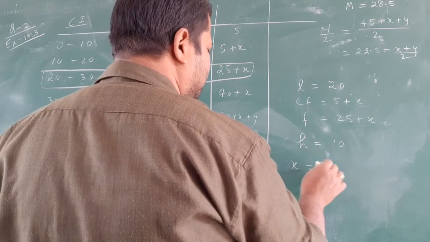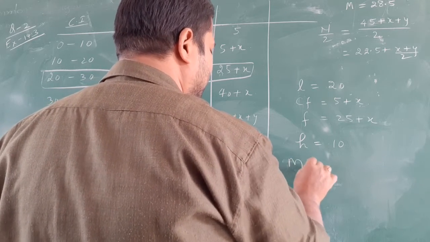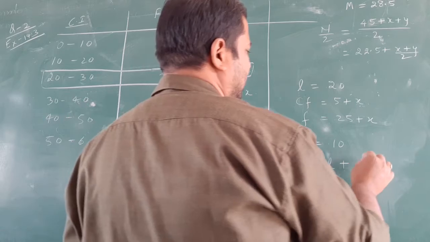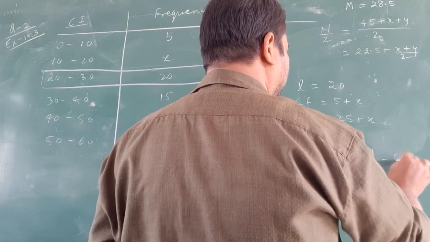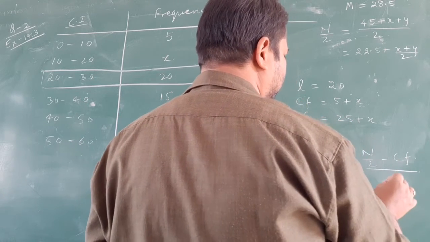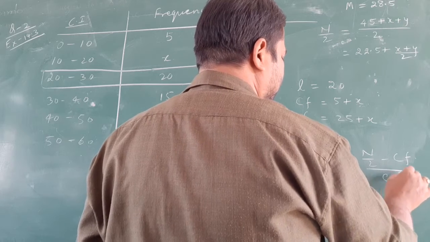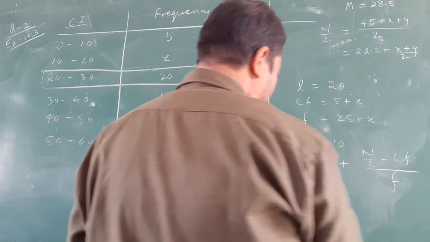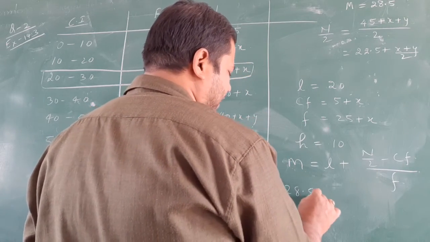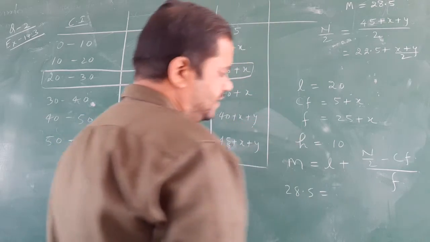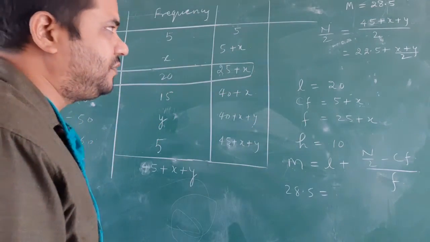Median is equal to L plus (n by 2 minus CF) divided by F, multiplied by h. Median is 28.5.